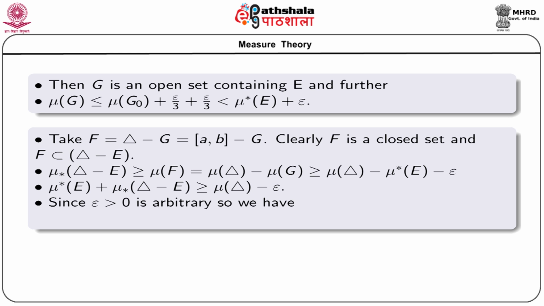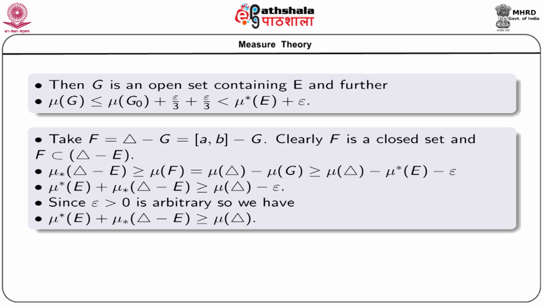So, taking into account again that epsilon greater than 0 is arbitrary, we get mu upper star E plus mu lower star of delta minus E is greater or equal to mu of delta, and this proves now the equality.